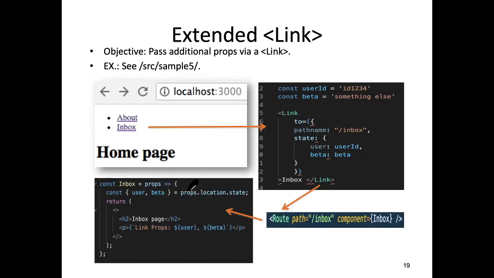So essentially this props.location is another special prop that's made available to our component by the React Router library. And all I'm doing here is destructuring the stats object to get at my two custom props.